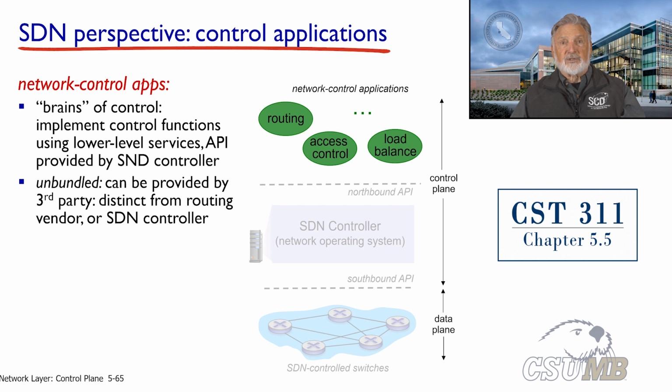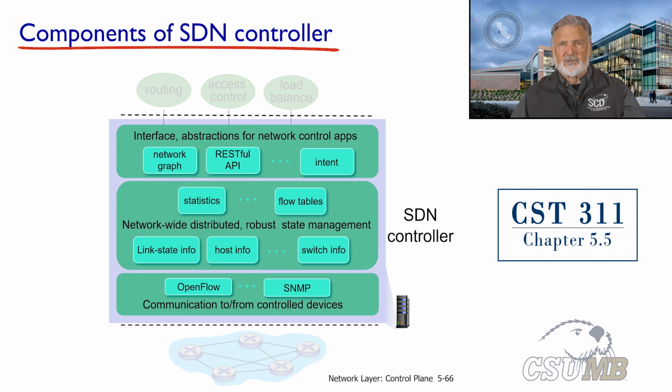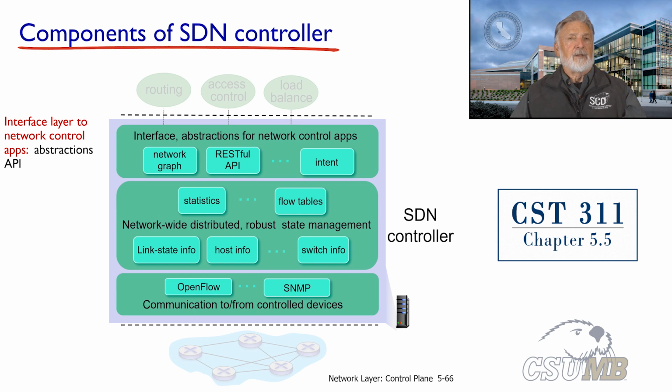Some implementations divide the control plane into network control applications plane and a controller plane. Via the API, these applications can be delivered either through the software controller vendor or a third party. The conceptual SDN controller is composed of 3 layers. The interface layer communicates with network control apps via the northbound interface.